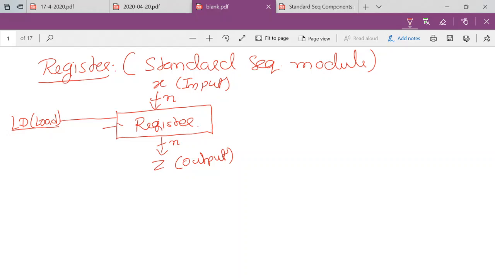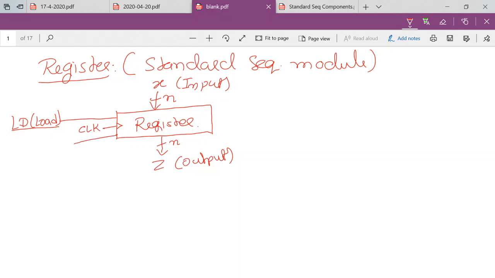Second is clock. That is a general input: if it is a sequential module, it will require a clock so that it is synchronized according to this clock. We have discussed that every flip-flop requires a clock. It might be either a latch or a flip-flop, still it will require a clock.